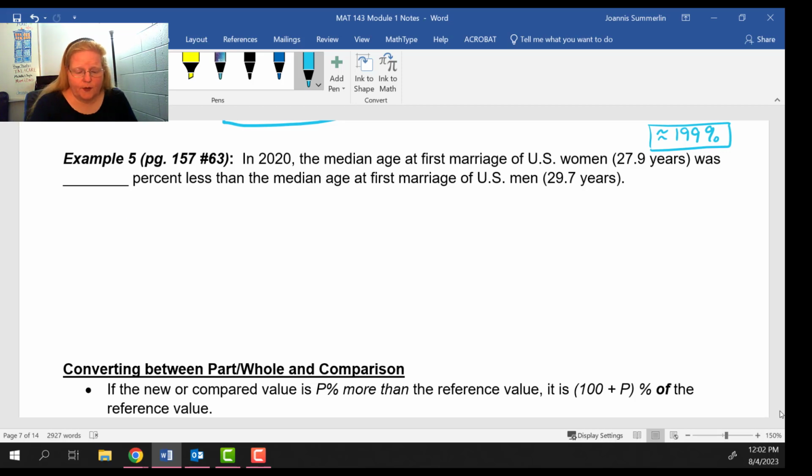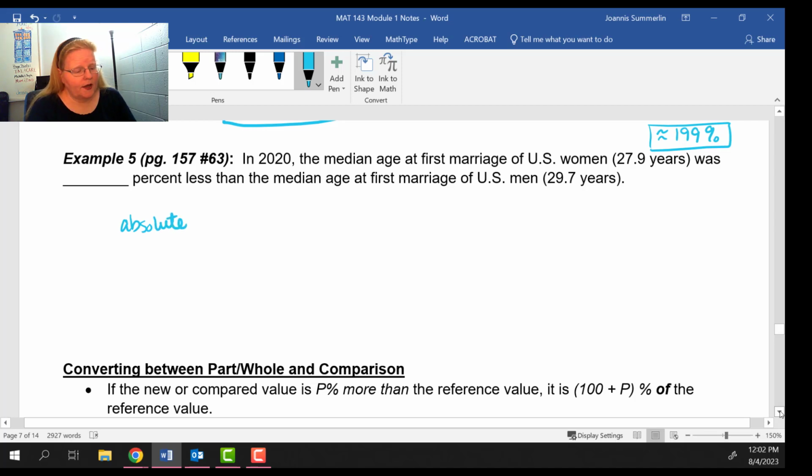So if we use absolute difference, and do compared minus reference and relative difference, and get compared minus reference over reference times 100%.